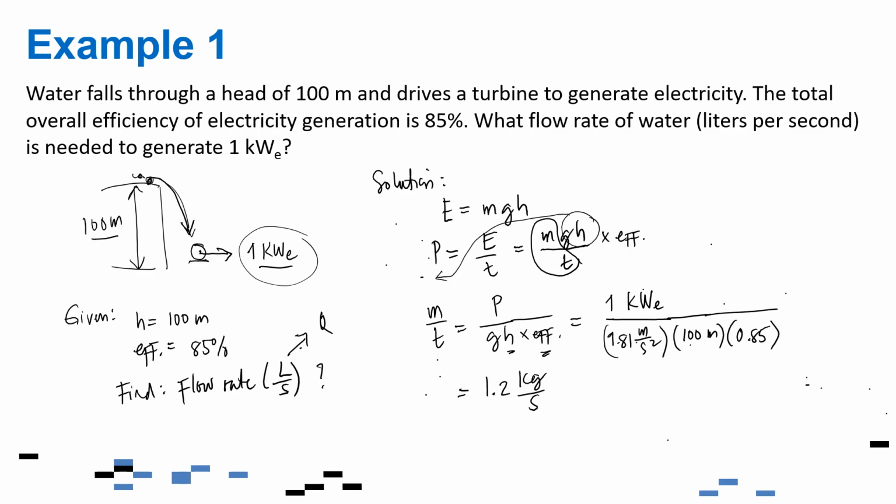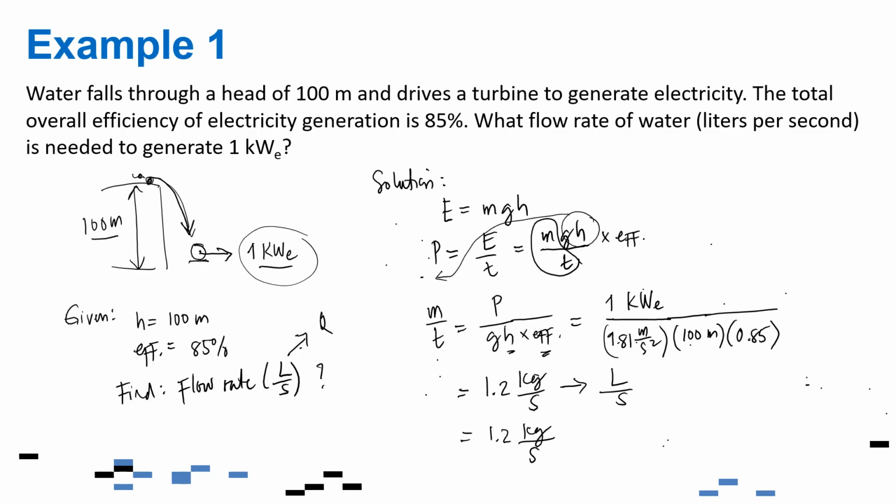So our question is to change into liters per second. How do we change that one? We can say 1.2 kilograms per second, and how many liters in 1 kilogram? This is water. Basically water is 1000 kilograms per cubic meter, which is the density of water, right? So we can change that into 1 liter is equal to 1 kilogram.